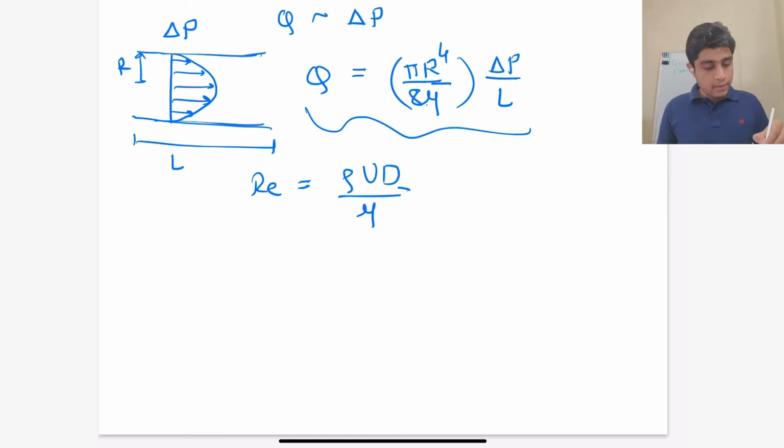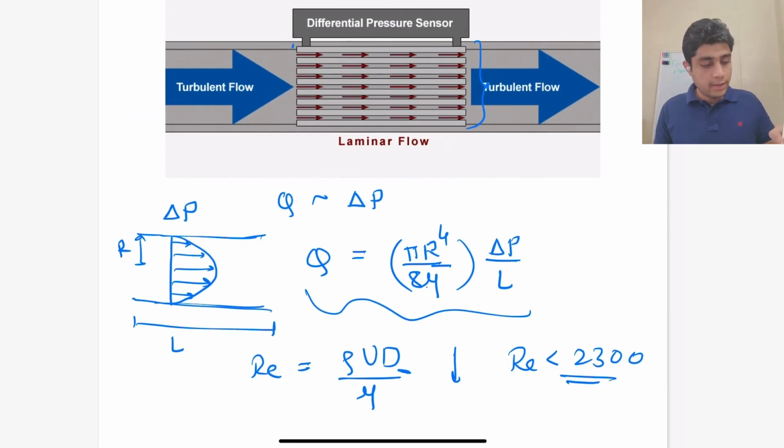If we reduce the diameter through which the flow is passing, we reduce the Reynolds number, and if the Reynolds number is smaller than, let's say, 2300, then we have a laminar flow. That is exactly what is done here. We have a very big diameter, let's say D1 upstream, but since we are installing this array of tubes, the diameter of each tube is very small and the effective Reynolds number decreases, and hence the flow in these tubes is laminar.